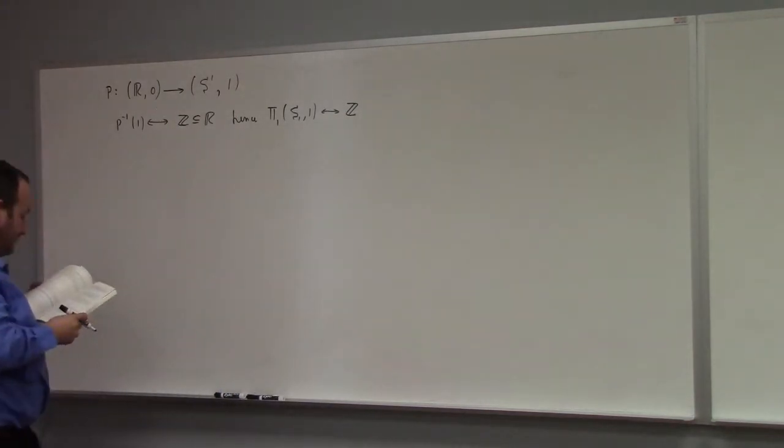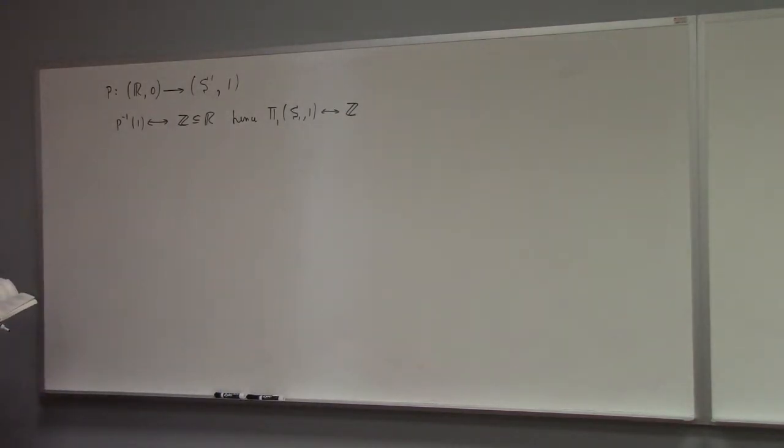All right. He says he wants to now show that this correspondence is in fact a group isomorphism. And he says for this we will consider in detail the procedure by which a loop in S1 determines an integer. So let me draw a picture.